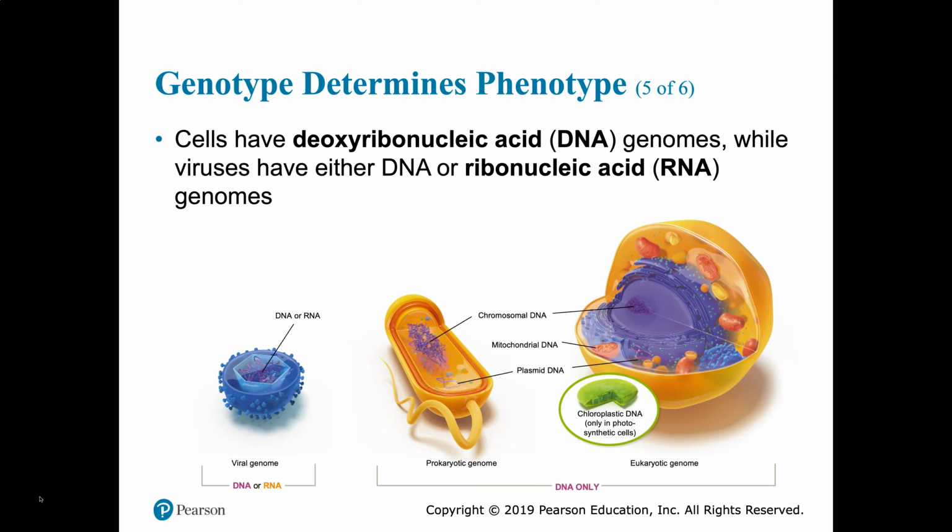So cells have DNA genomes, most of them, not all of them. To clarify, viruses are technically not living, but some viruses actually have RNA genomes instead. So most cells are going to have DNA genomes, while viruses can have either DNA or RNA. Depending upon what virus you're looking at, its genetic material could be one or the other.